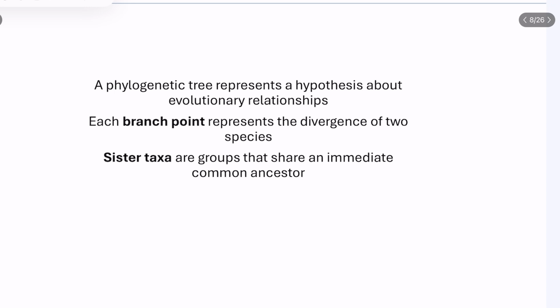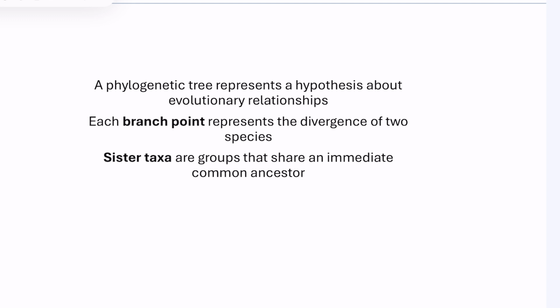Now, a phylogenetic tree represents a hypothesis about evolutionary relationships. We all know that the phylogenetic tree represents a hypothesis. How? Because it will give you an idea that this species evolved from this, and this character is common between two species, and this character is separate and only belongs to the ancestor species.